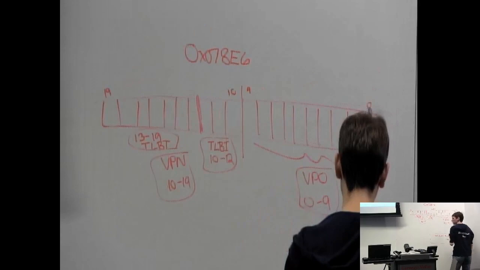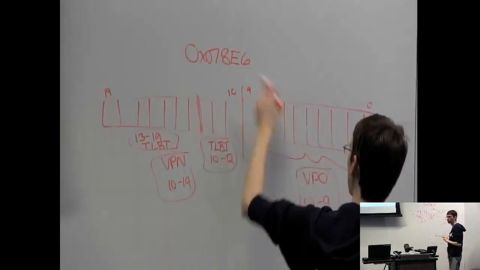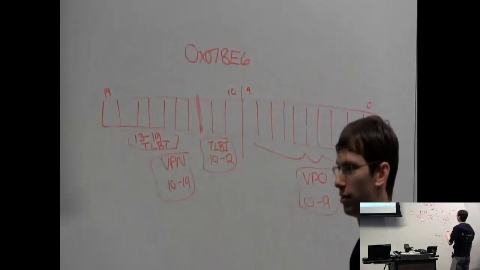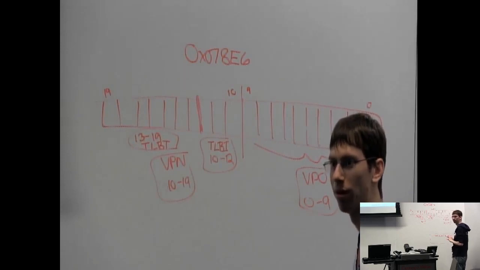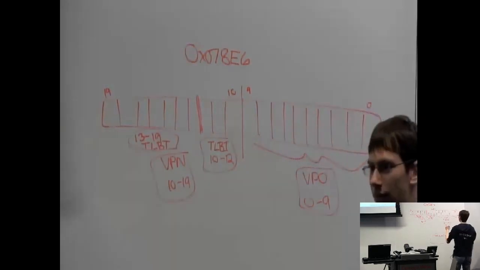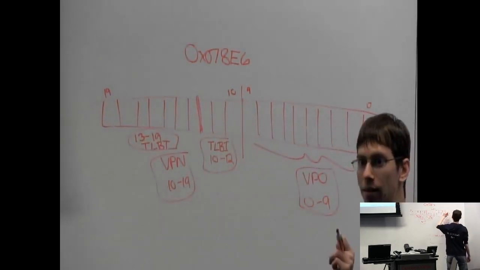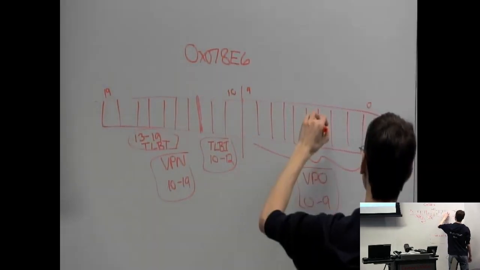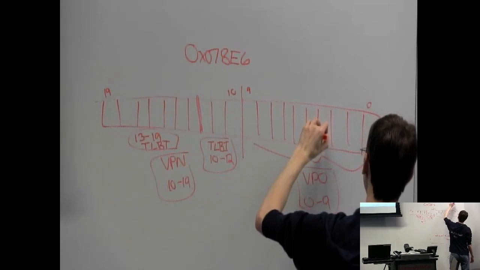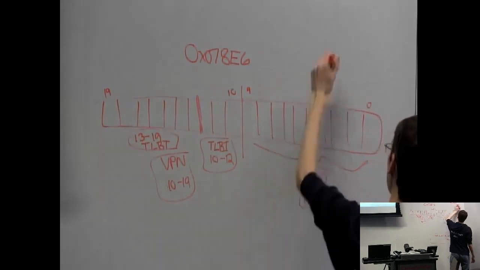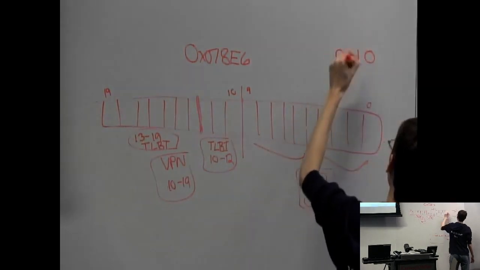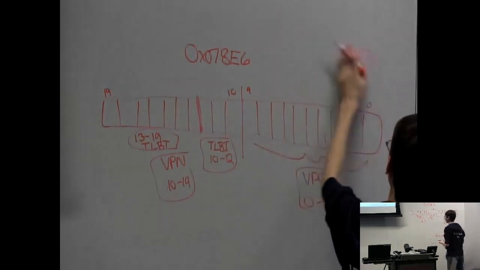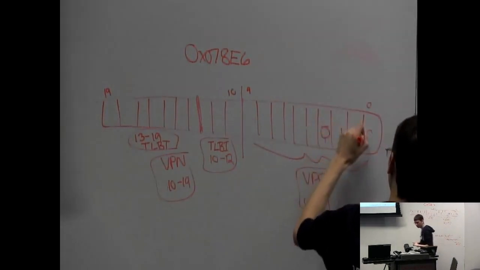So what's 6? 6 is 2 plus 4, right? 0, 1, 1, 0. Confused myself there. 0, 1, 1, 0, okay, good.